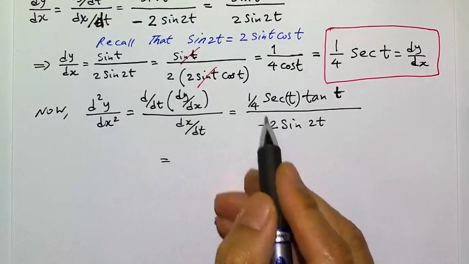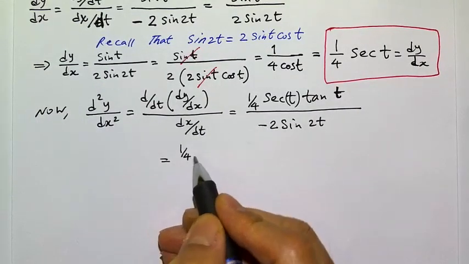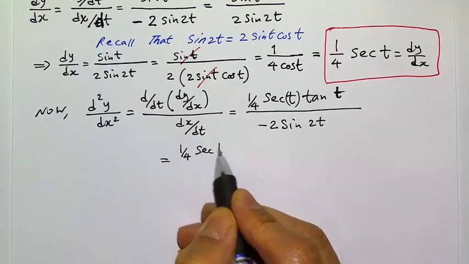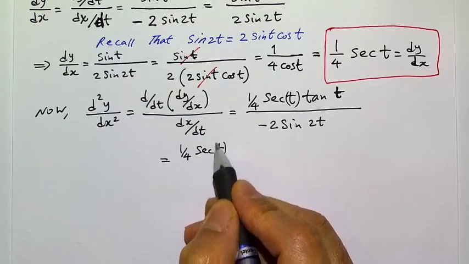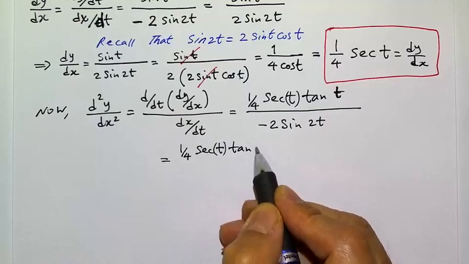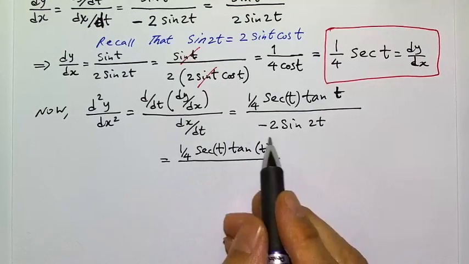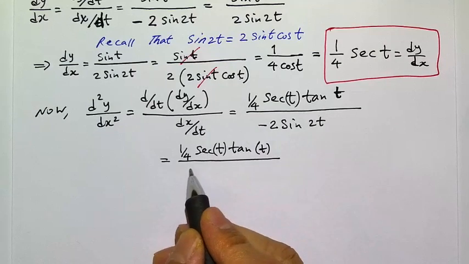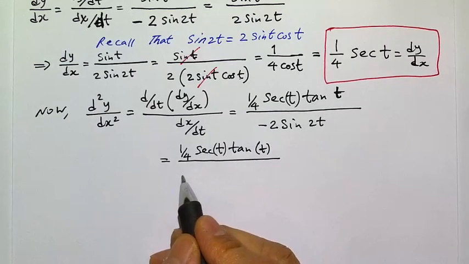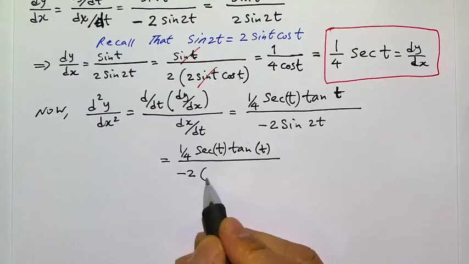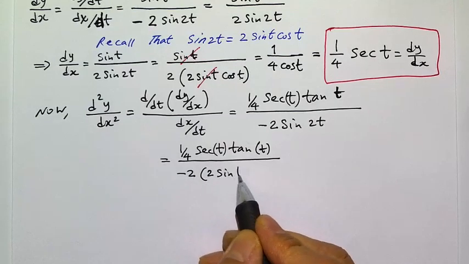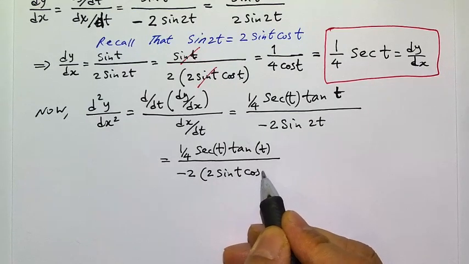We have 1 over 4 times secant t tangent t, and then minus 2 times 2 sine t cosine t.